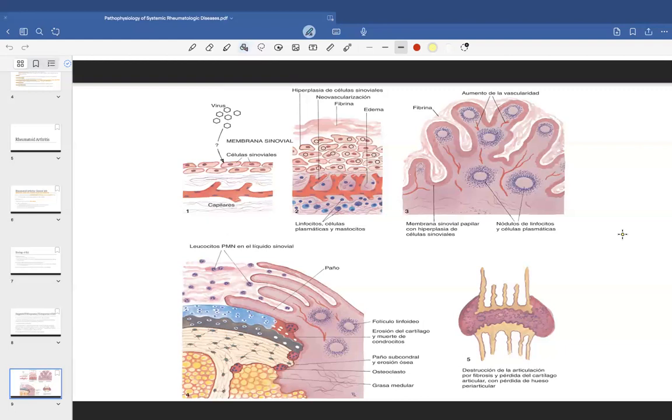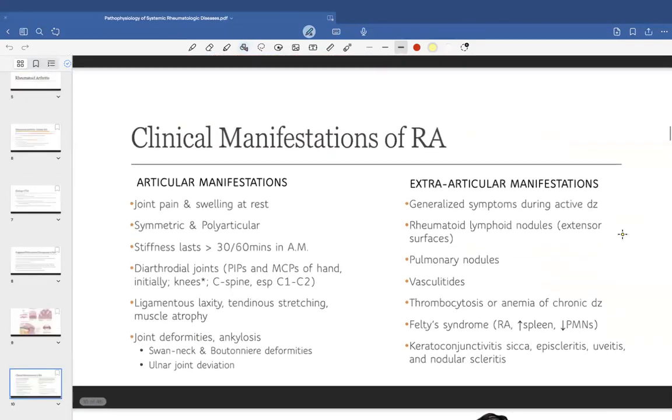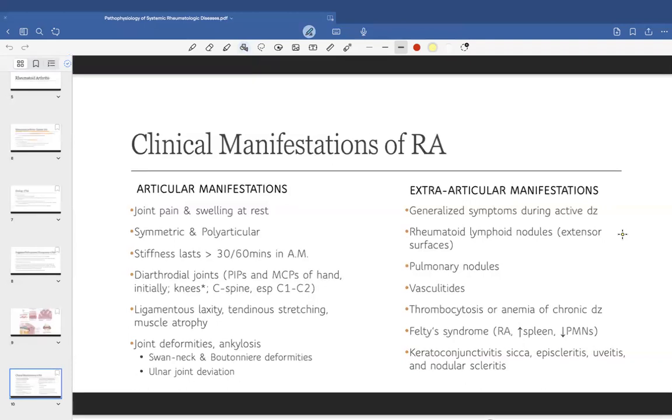All right, so if we look at some of the articular manifestations in your left column, this is joint pain and swelling at rest. This is a constant, it doesn't go away. It's not a use-related kind of pain like you get with osteoarthritis.